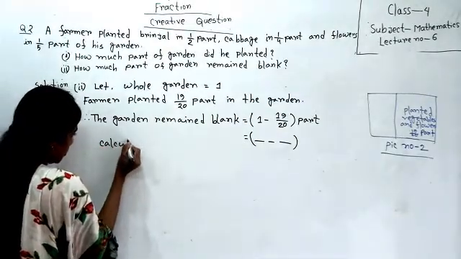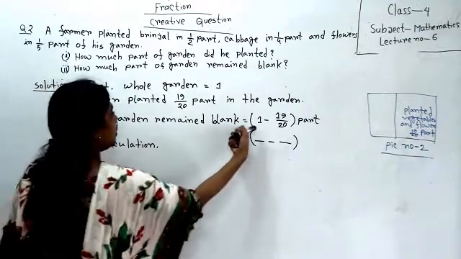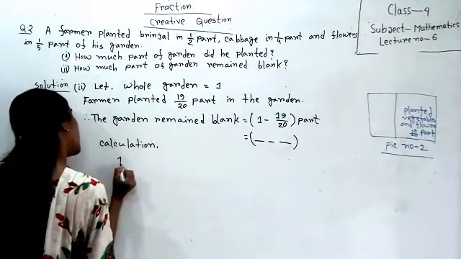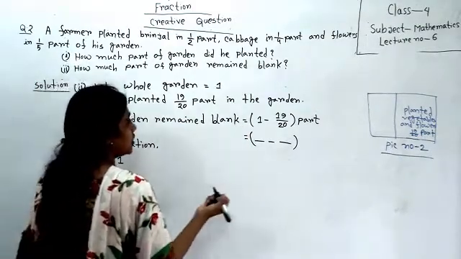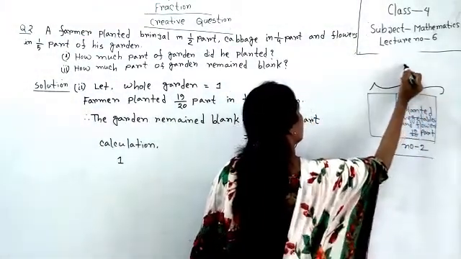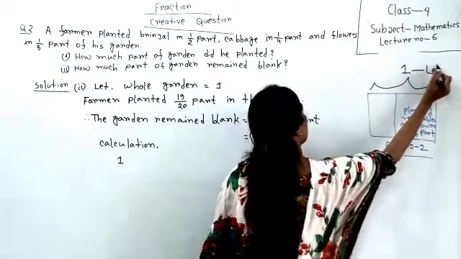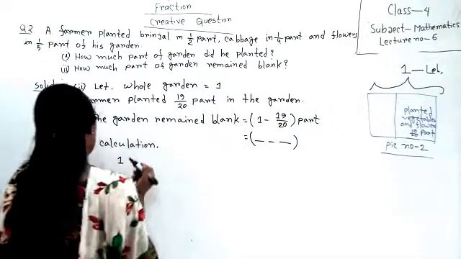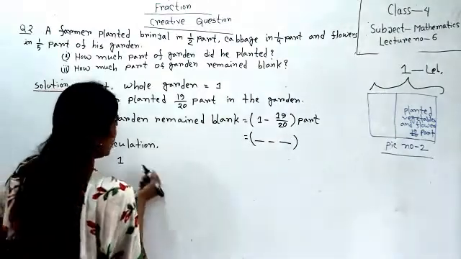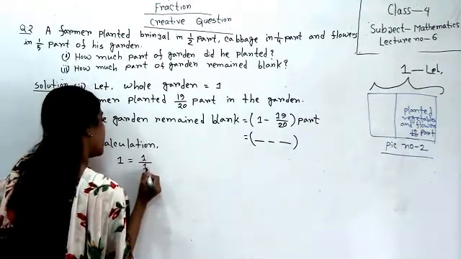Calculation. Here 1 is the whole part of the garden. Let the garden be 1. 1 can be written as 1 divided by 1.